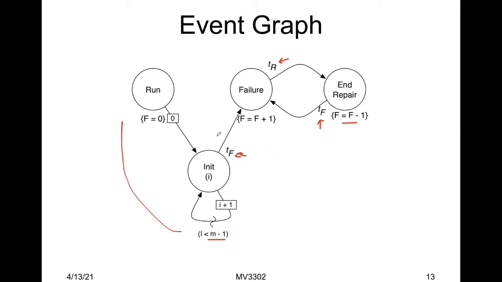And once that's done, we never see init again because nothing schedules it. Once this condition is false, then no init gets scheduled. And the only thing scheduling init is run, which happens once at the beginning, and the other inits, which happen just at the beginning. After that, this is the way that the model operates.